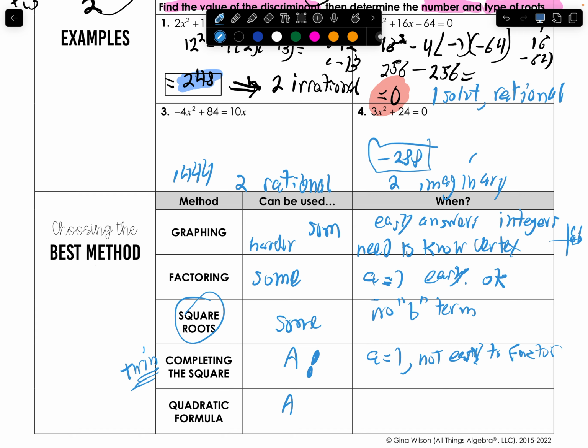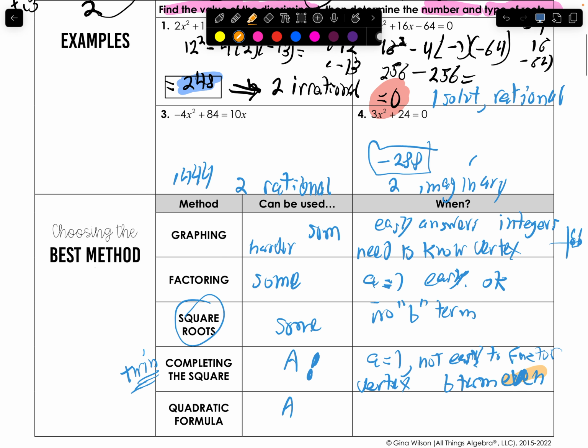You also could complete the square to find a vertex, you might remember. But the b term should be even. Okay? The b term should be even.